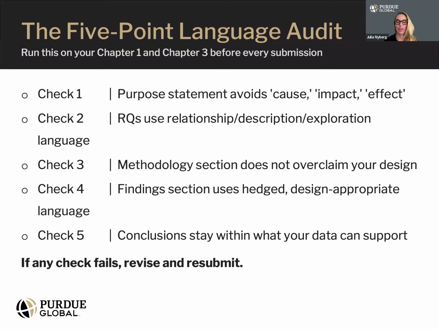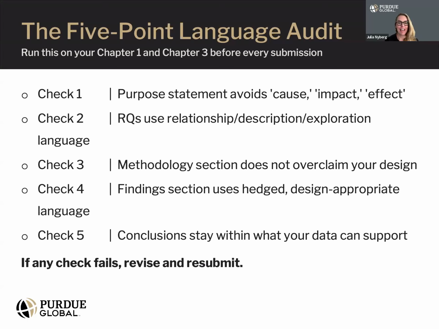Next up, read chapter 5. This is, believe it or not, the highest risk chapter for overclaiming. Like I said, folks think they've solved world hunger. Every conclusion must trace back to what the data actually showed.